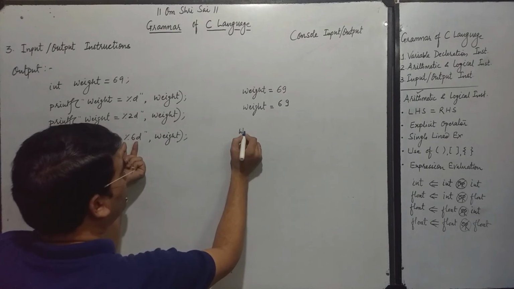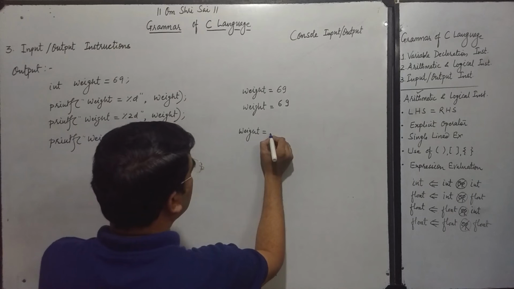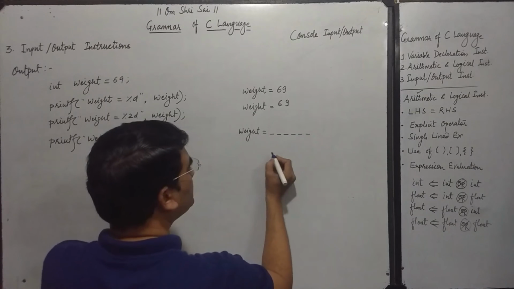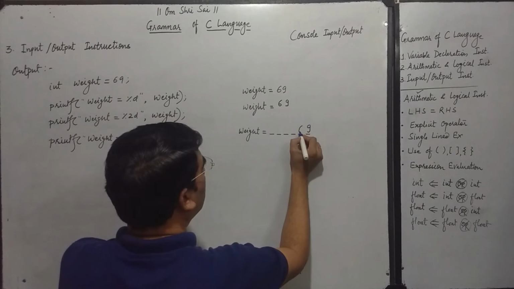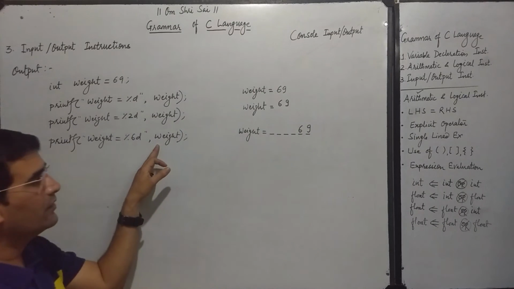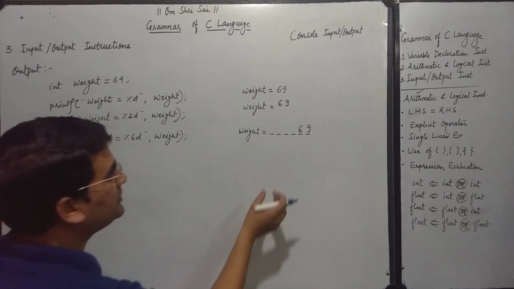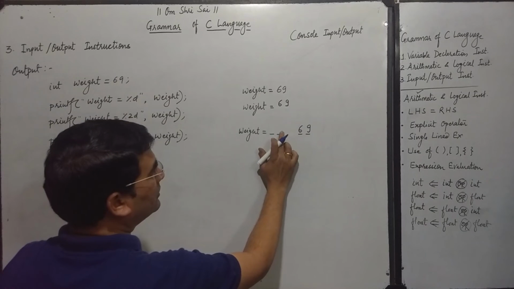So the output will be weight is equal to, and now 6 digits will be allocated, 1, 2, 3, 4, 5 and 6, and here 9 and 6. This will be the output. This place will remain empty. Final output कुछ ऐसा होगा.